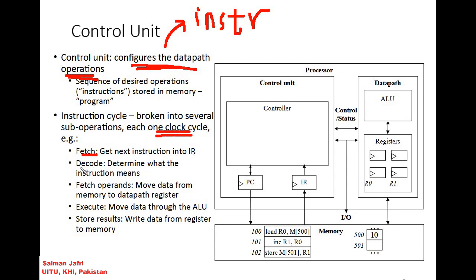Then we have the decode, finding the meaning of the instruction, like I always say. Then depending on the meaning of the instruction, if operands are required, the third sub operation is fetch operands, which moves the data from memory to a data path register. After that we have the execute phase, which moves data through the ALU, like the +1 operation we just considered. And afterwards we store the results, we write the data from register to memory.